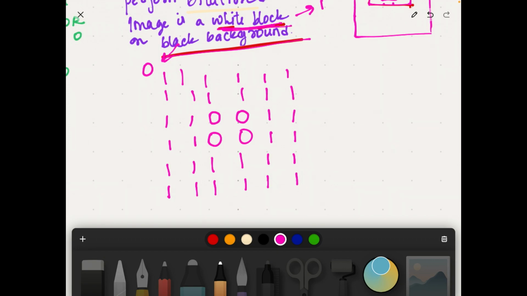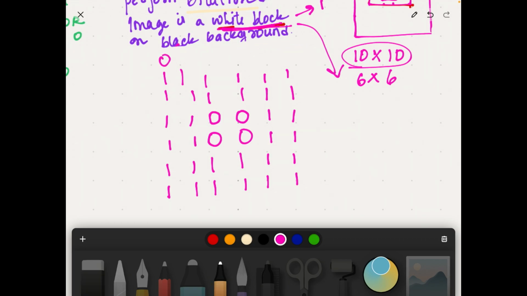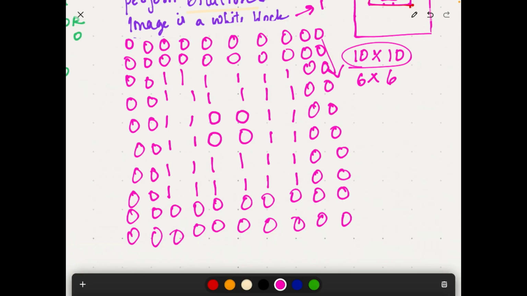So we have 1 2 3 4 5 6 out of 10 cross 10. We already have 6 cross 6 done. So this is our white block. The remaining is going to be covering the black background, right? So that is going to be something like this: 0 0 0 0 0 0 0, 1 2 3 4 5 6 7 8 9 10. So this is going to be the entire image, the black background and the white object with the black cavity.